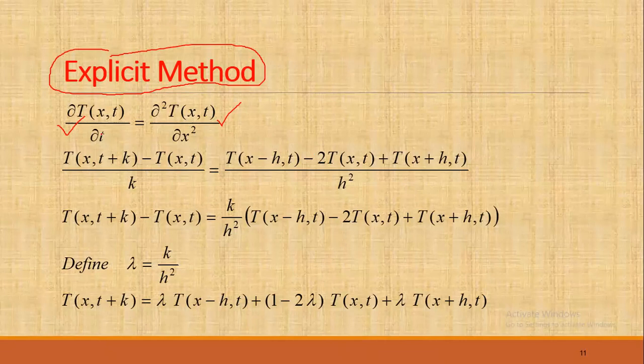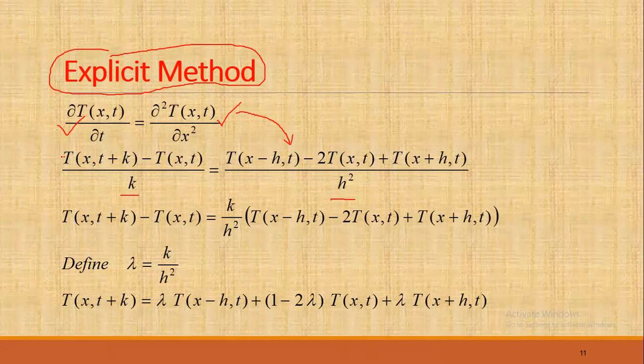So we replace the derivative with (T(x, t+k) - T(x,t)) divided by k. And the central difference for the second order partial derivative we write T(x-h,t) - 2T(x,t) + T(x+h,t) divided by h squared.